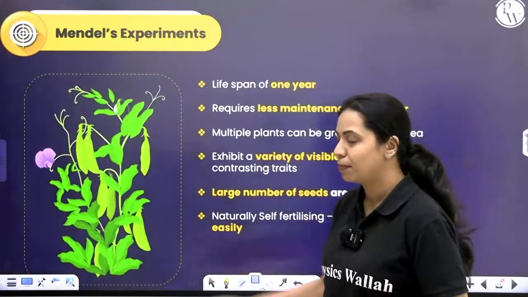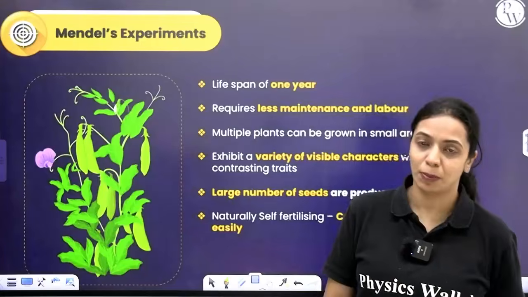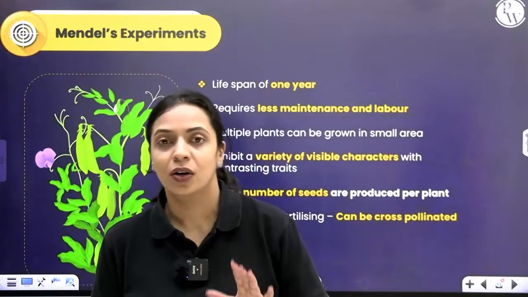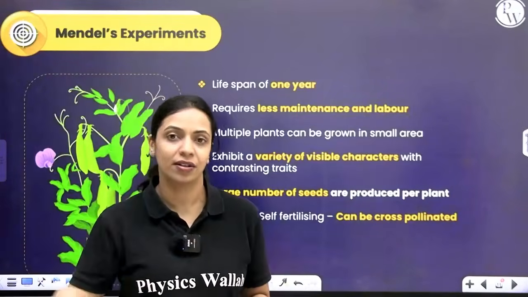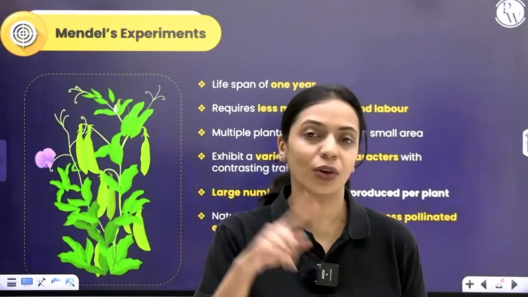Firstly, the pea plant's lifespan is very less. Okay, it is an annual plant. It will complete its life cycle within 1 year itself. So that is a good thing, right? If you're studying inheritance, you want to see how characters are getting passed on from one generation to the next. If it takes that plant 6 years to produce flowers and fruits and seeds, what are you going to do for those 6 years? You want quick results.